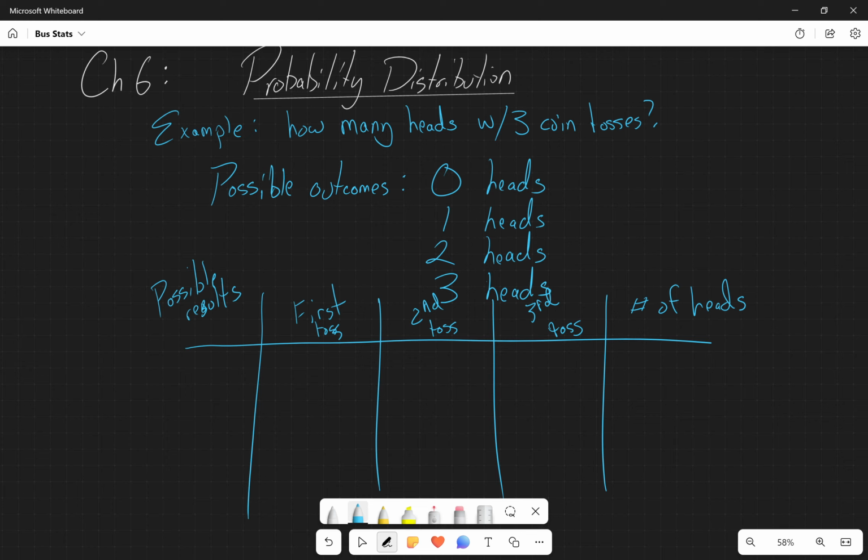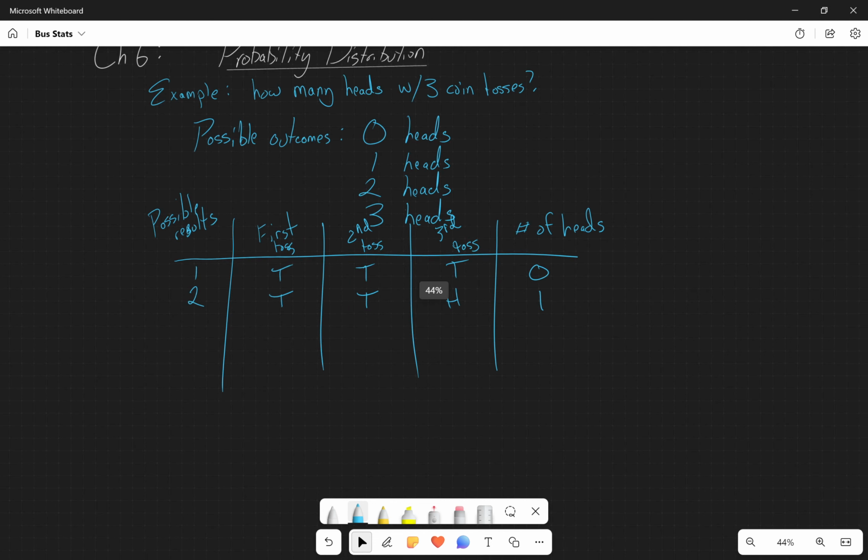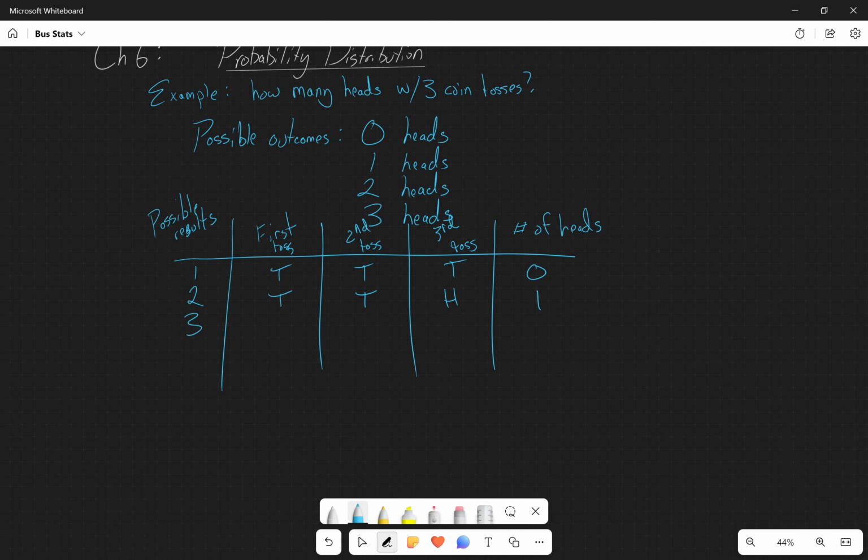So let's say we start off and we get tails for all of our tosses. Then we have 0 heads, right? And we keep doing this, and we find that we have tails, tails, and a head. So now we have 1 head. The third one, we've got tails, head, tails. So again, we have 1 head, and so on and so forth, right?